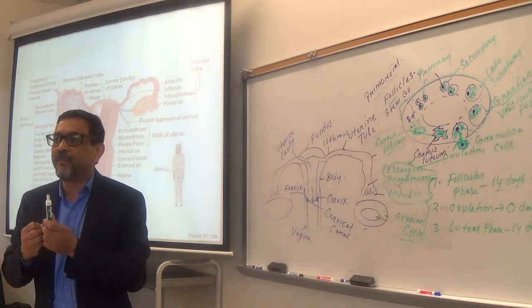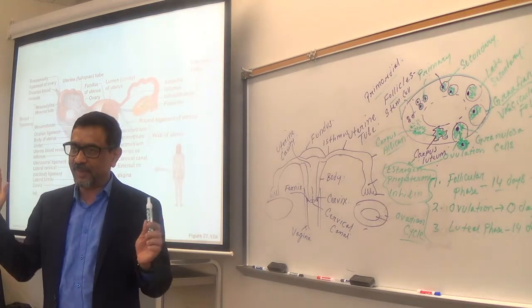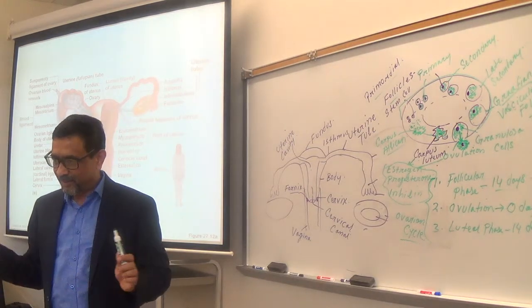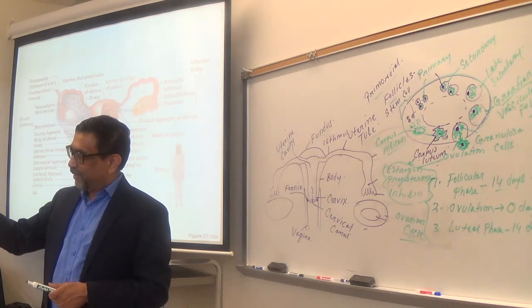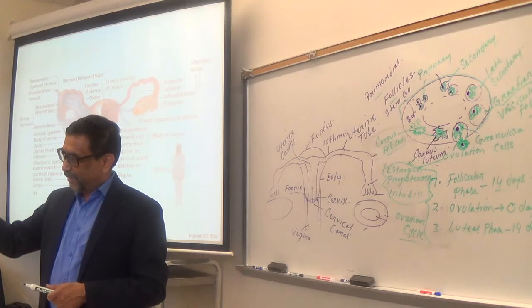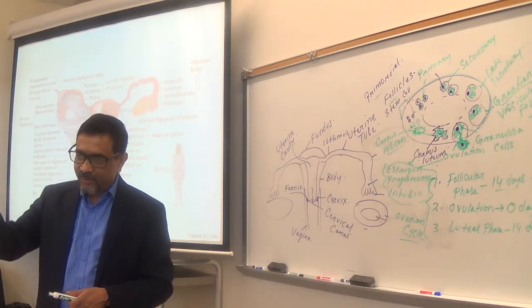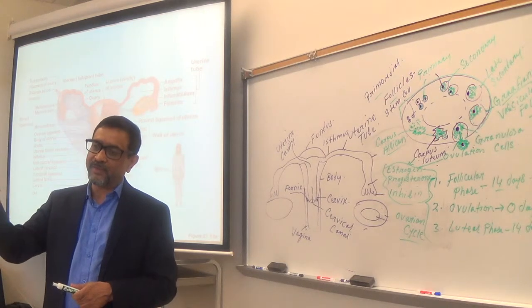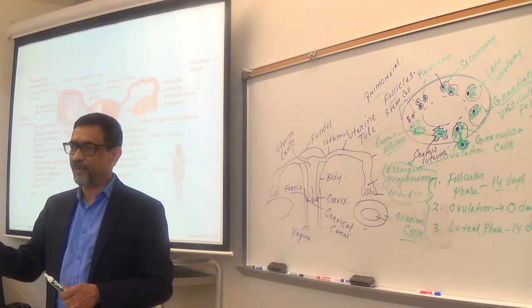And when it bursts, the seed or egg or ovum gets out, and that's called ovulation. Is it clear? And then the part of the Graafian follicle remains inside the ovary and turns yellow, right? That structure is the corpus luteum. It acts as a temporary gland, remains there for about 14 days.